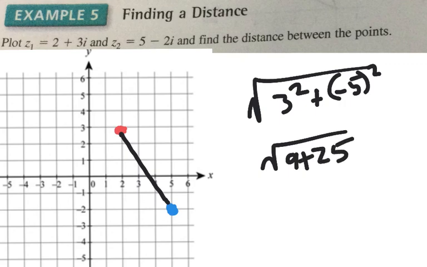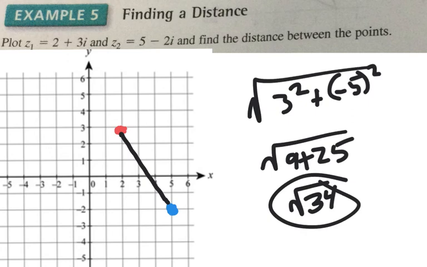So everybody knows this is a 3, 5, radical 34 Pythagorean triple. Just rolls off the tongue. Okay, I don't know that one. Did I get it right? I did. Any questions?